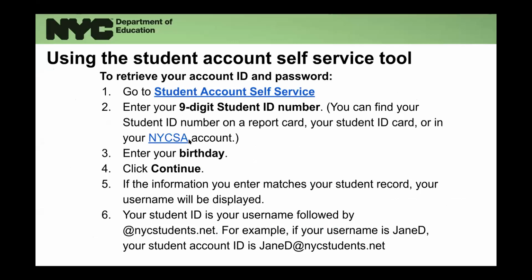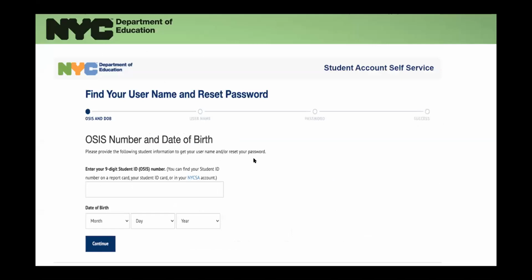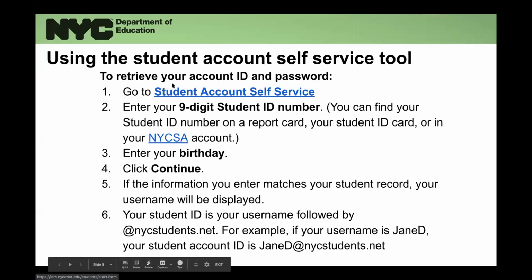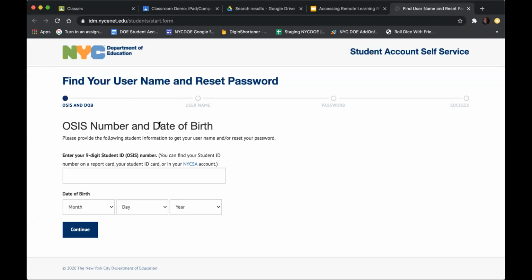The main things you're going to need to retrieve student account information are the 9-digit student ID number that's assigned to all students in the DOE, known as the OSIS number, and the date of birth. Once you click on the student access portal, it looks like this.